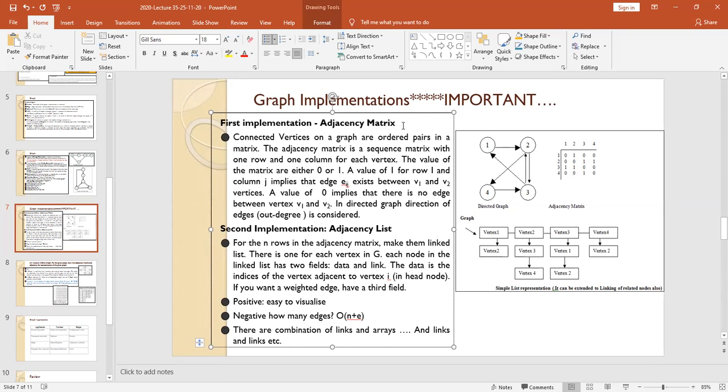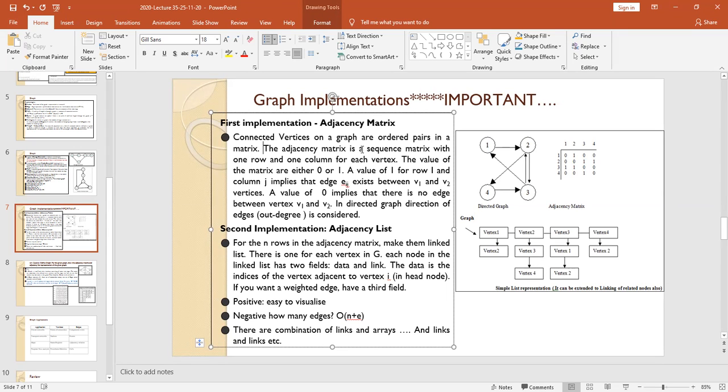First we come to the adjacency matrix. You all know what a matrix is. A matrix is a set of elements represented in rows and columns. Here the connected vertices are the ordered pairs in the matrix.